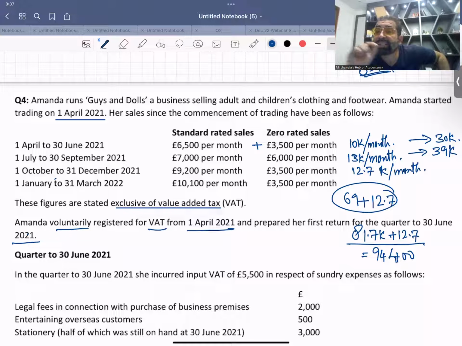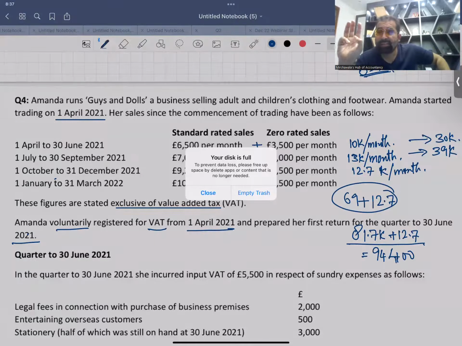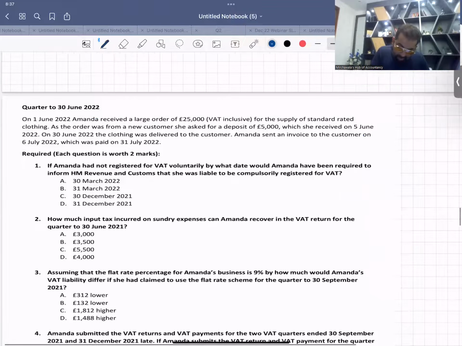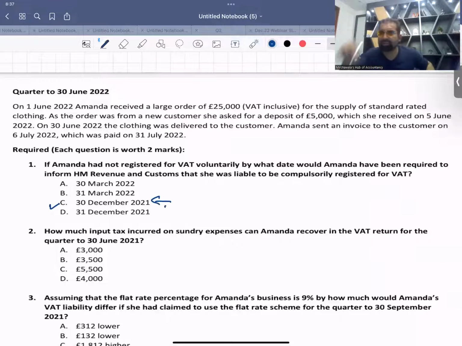You are on 30th November, and you realize that total sales crossed 85,000. So from 30th November, you add 30 days. The answer will be 30th December, not 31st December.